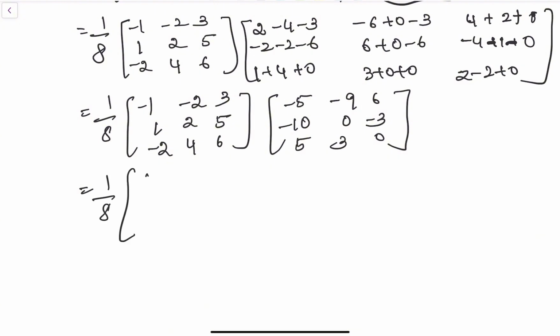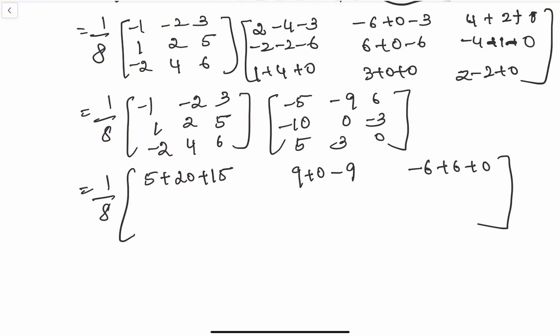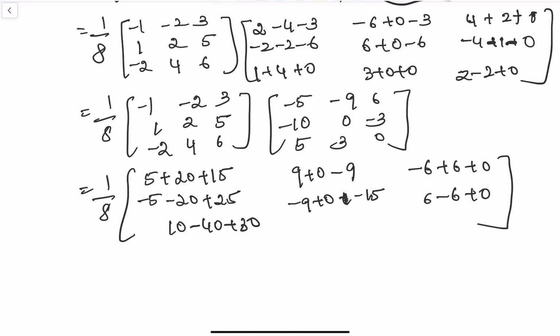Now multiplying the last two matrices: 5 plus 20 plus 15, 9 plus 0 minus 9, 6 minus 6 plus 6 plus 0, minus 5, minus 20, minus 20 plus 25, minus 9 plus 0, minus 15, then 6 minus 6 plus 0, 10 minus 40 plus 30, then 18 plus 0 plus 18, and the last one is minus 12 plus, that will be 12 minus 12 plus 0.